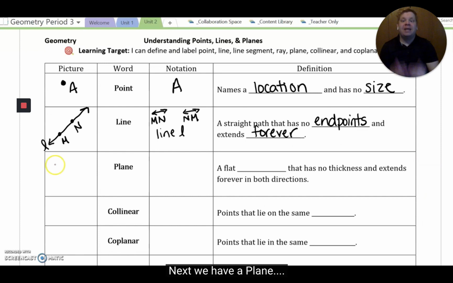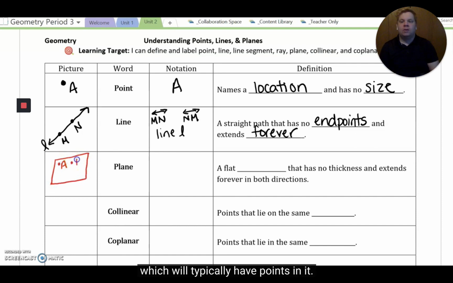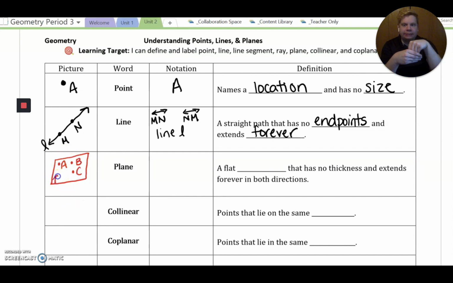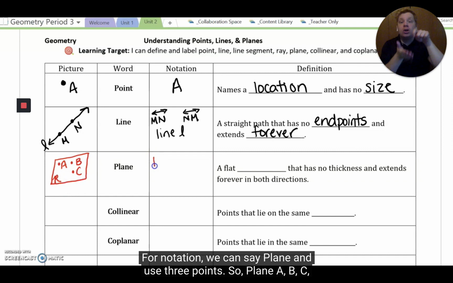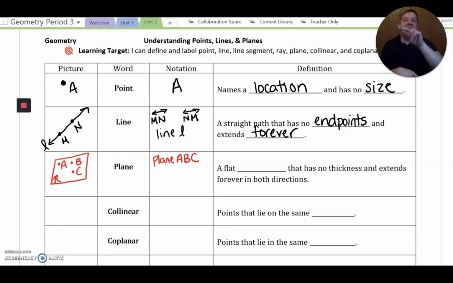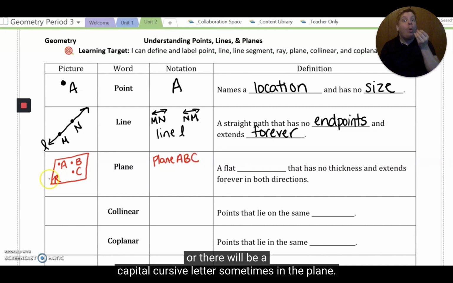Next, we have a plane, which will typically have points in it. For notation, we can say plane and use 3 points, so plane A, B, C. Or there will be a capital cursive letter sometimes in the plane.